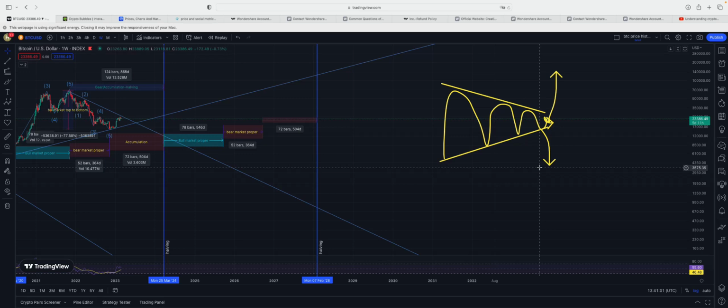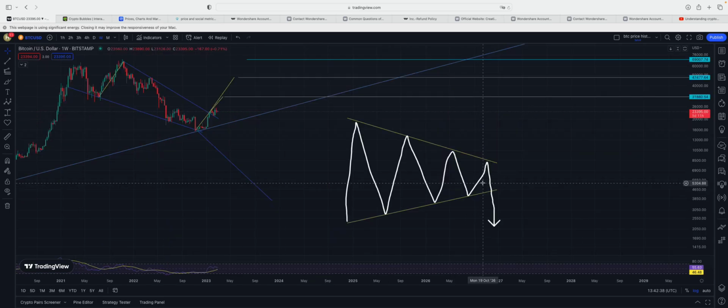Now, why am I saying all of this? I was trying to make sense of how BTC can ever recover if it goes to 3,000. How will that even be possible? Well, it will be possible because that will be the fake move of our symmetrical triangle. Now, what if it goes to the upside? That's the obvious question.